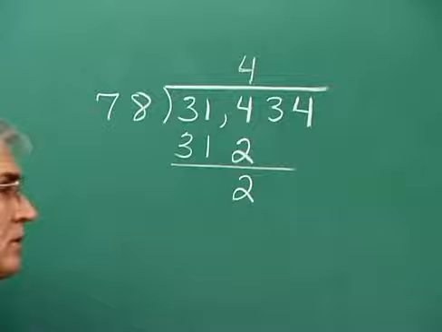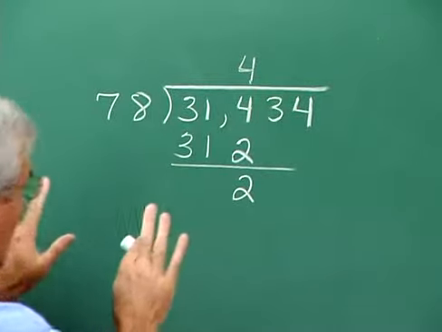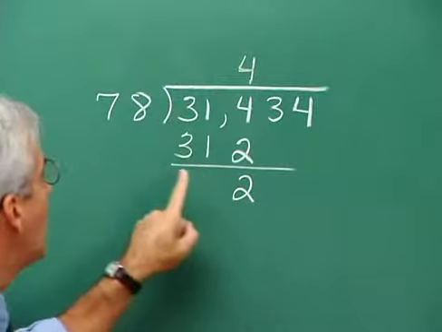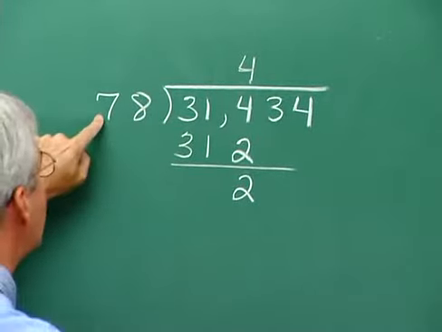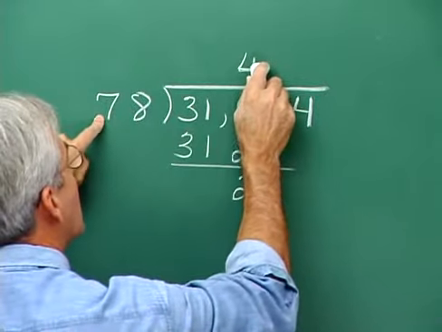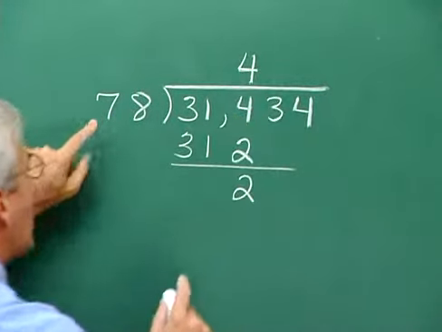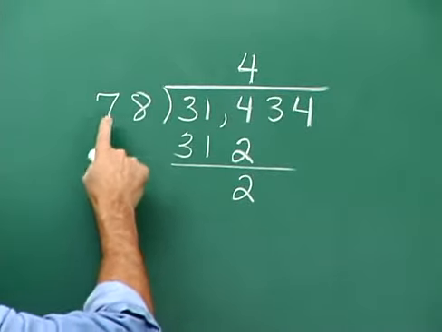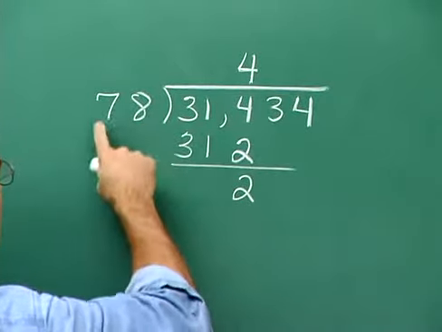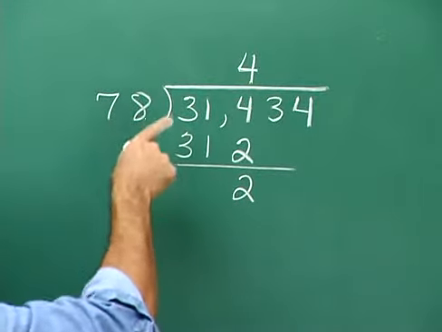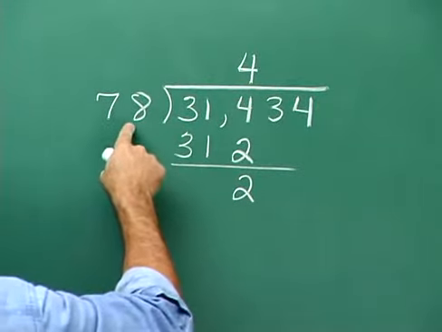Now let me tell you another technique here that could have been used. Now this worked out really well by thinking about 7 into 31. You see, that was real nice. But sometimes it will occur that when this number is closer to the next 10, that is, 78 is a lot closer to 80 than it is to 70.